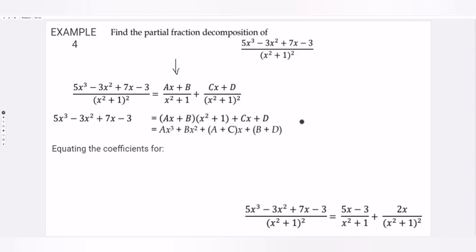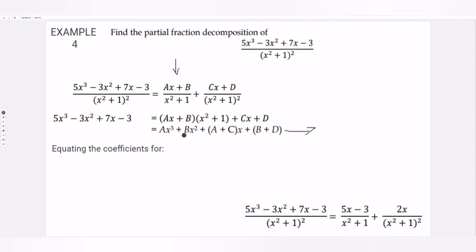Just simplify them, following the steps that we had discussed earlier. After that, we arrive at this final step. Overall, we have ax cubed plus bx squared plus (a + c)x plus (b + d), grouping the terms with the same power.